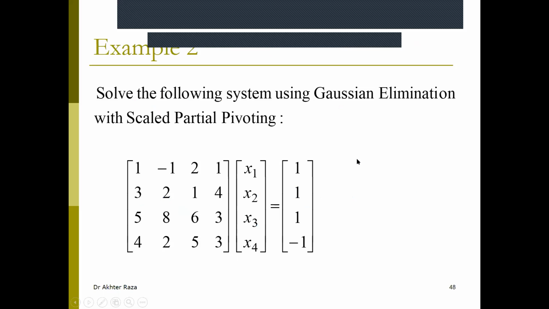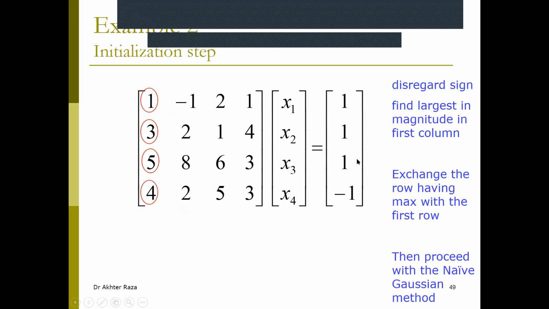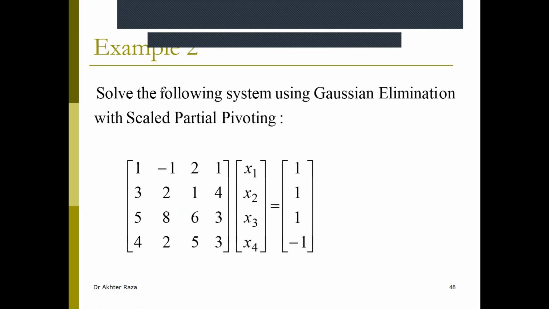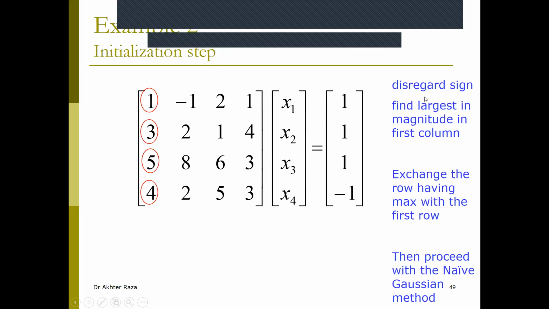So in partial pivoting, the step is: solve the following system using Gaussian elimination with scaled partial pivoting. So what do you have to do? You have to disregard the sign and find the largest magnitude in the first column. It is 5.